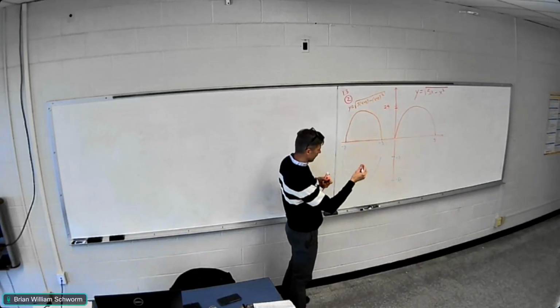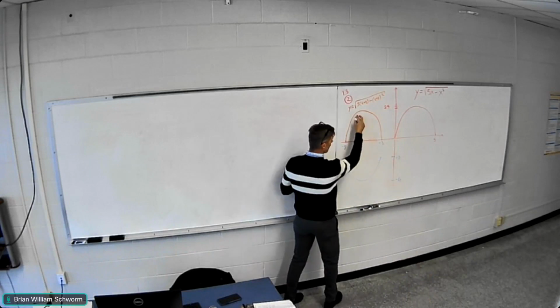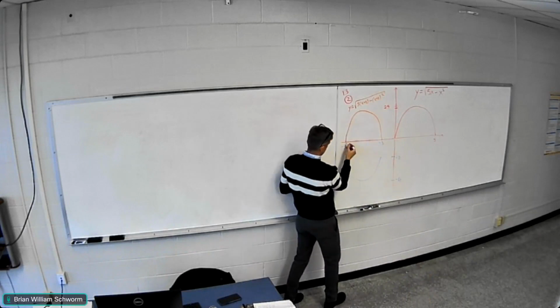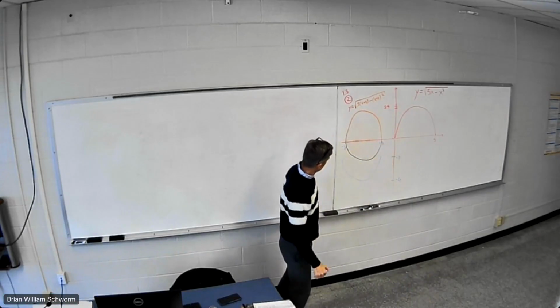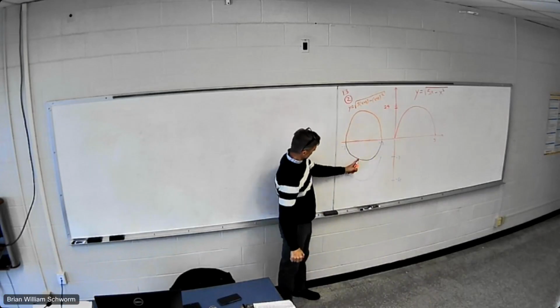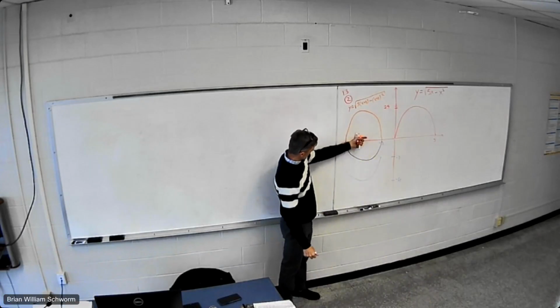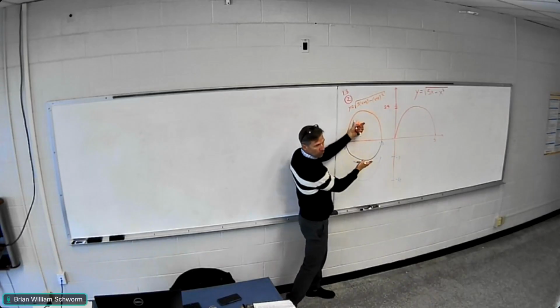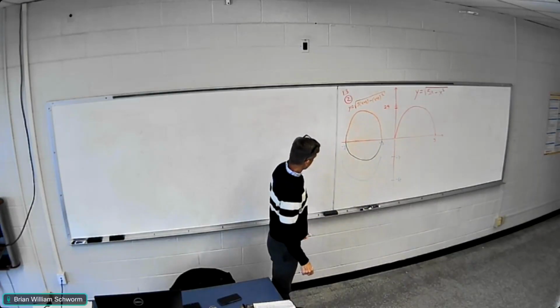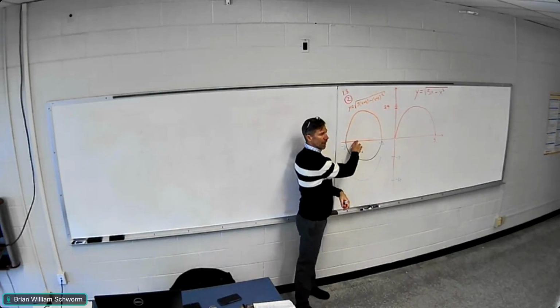I don't like the black one because it doesn't erase very well. But if I take this orange one now and I flip it, not a great job, but you understand, I think. I just take this and flip it. Of course, it looks a lot taller there. It's supposed to be the same height.